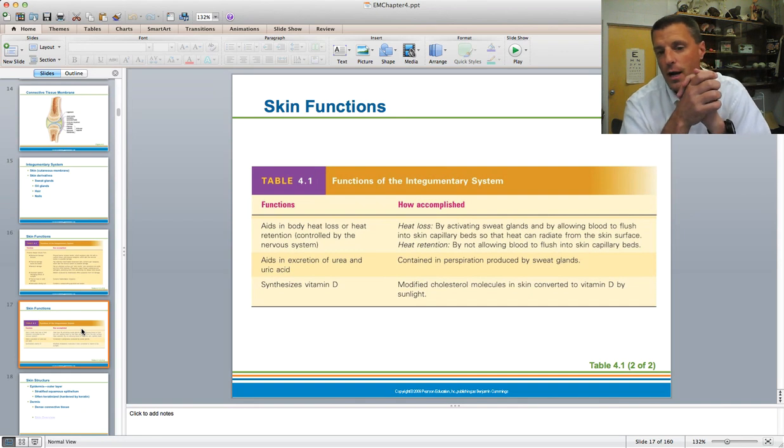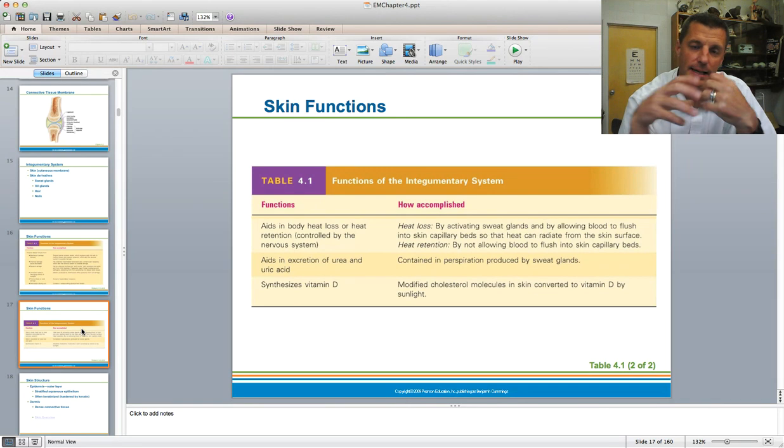So in that way, your blood kind of acts like the cooling system of a car. That is, it's getting heat from deeper down, in the case of your car, getting heat from the engine, and it's carrying it out nearer the outside, out to the radiator, and moving air past it so that it can give off that heat. So if you have excess heat, that's what your blood is doing.